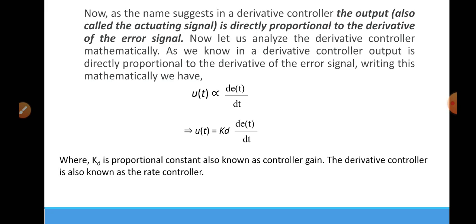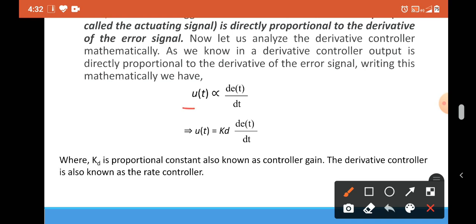Now let us analyze the derivative controller mathematically. You can see in the equation that u of t, your output, is directly proportional to the derivative of the error signal, your input. So de/dt is the derivative of your error signal, which is directly proportional to the output signal.